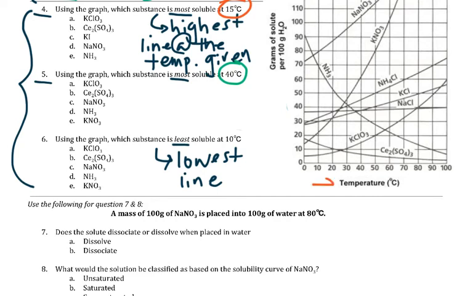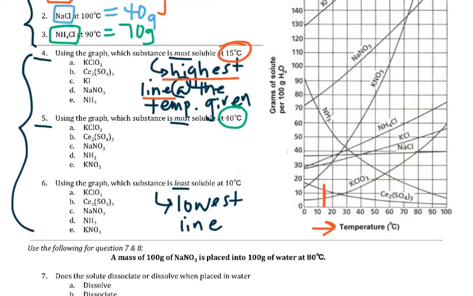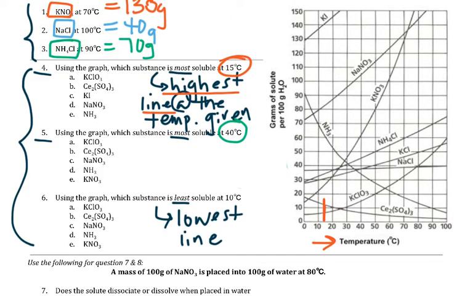So we'll do number 4. Go to temperature, and it says at 15, which is about here. Okay, and most soluble means you are looking for the highest line at that given temperature. So if I just go ahead and take this line all the way up, okay, it looks like KI has the highest line, so that's going to be your answer there.